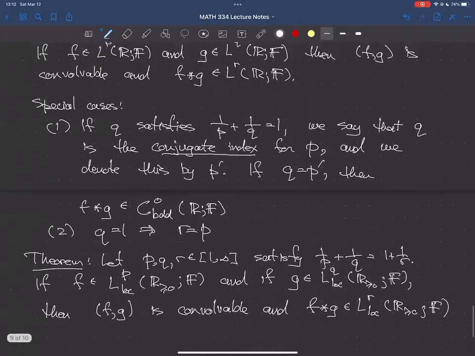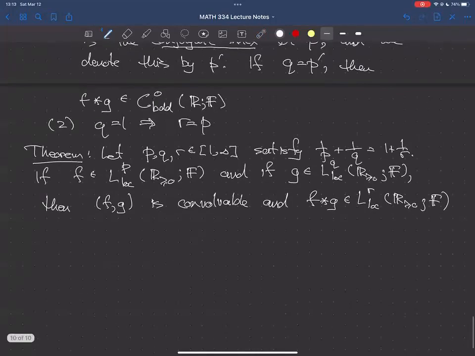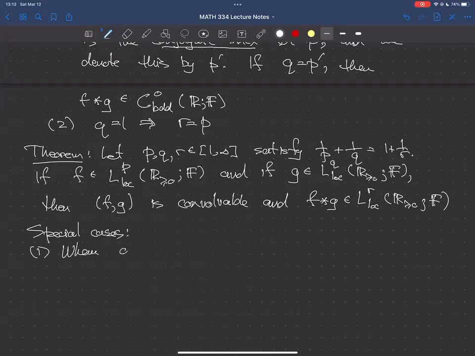I should be explicit though. It's not C0 bounded, right? So here, let me write it out. Special cases. When Q is equal to P prime, the conjugate index, what do we know just from the statement of the theorem?